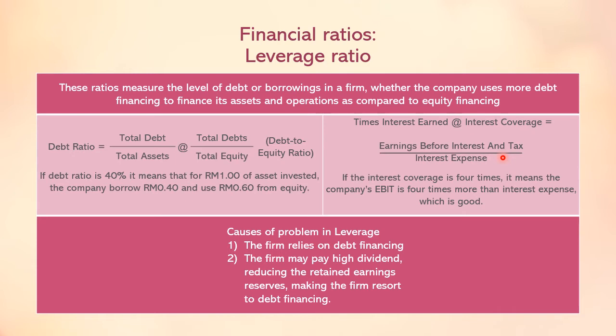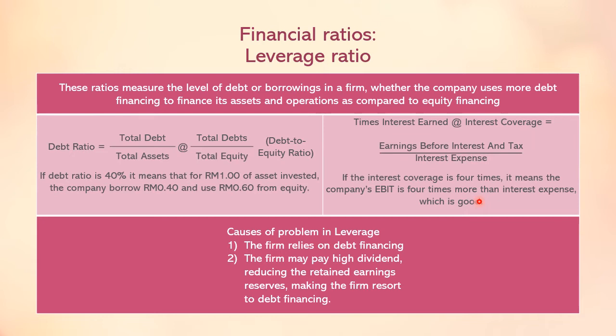If the question doesn't give you EBIT, they just give you earnings before tax straight away, please add the interest first in order for you to get the EBIT figure. And then you divide by interest expense.